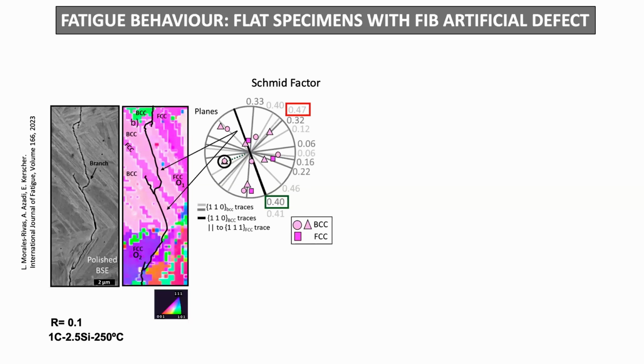And also doing another trace analysis, we can see that there is a parallelism between the microcracks and this trace, which corresponds to one of the planes of the family 110 for both the bainitic variants that we observe here.